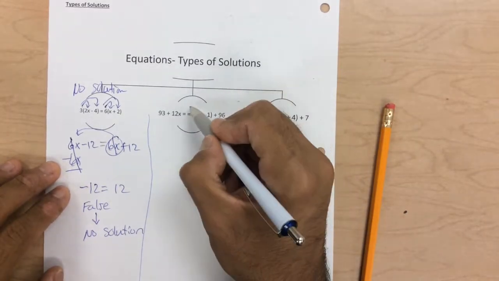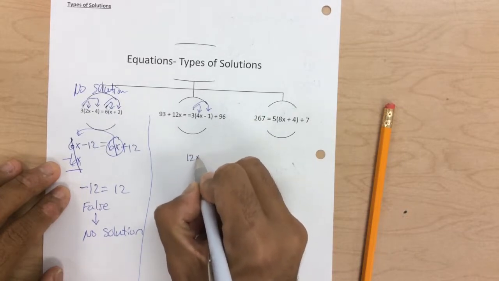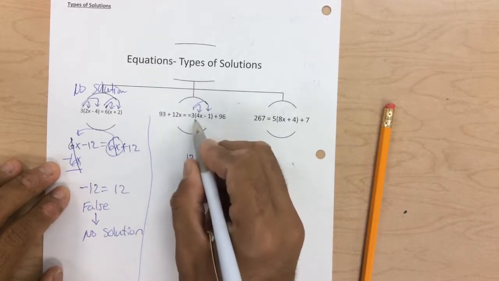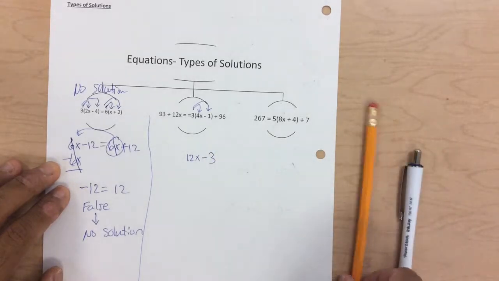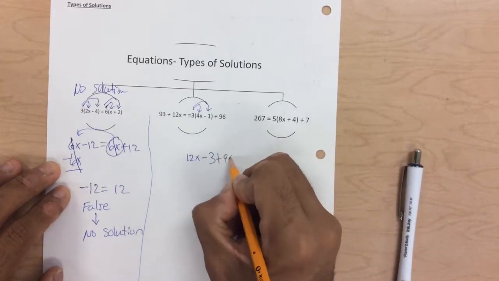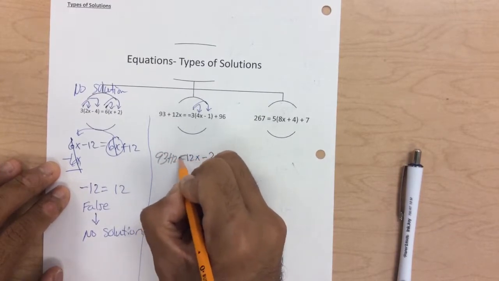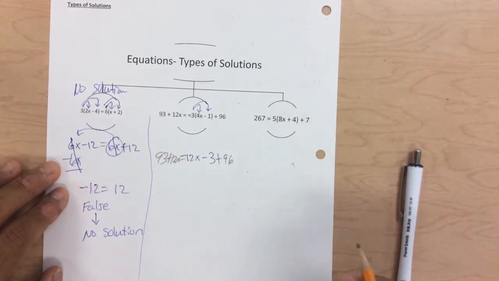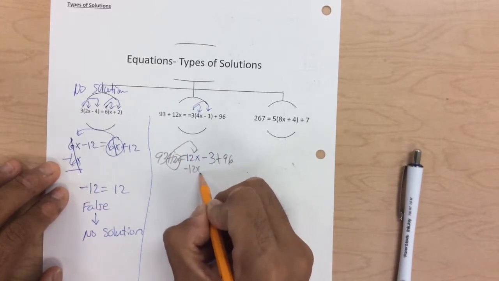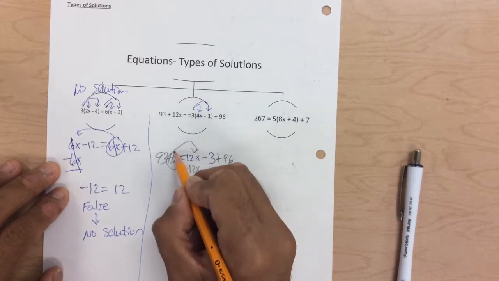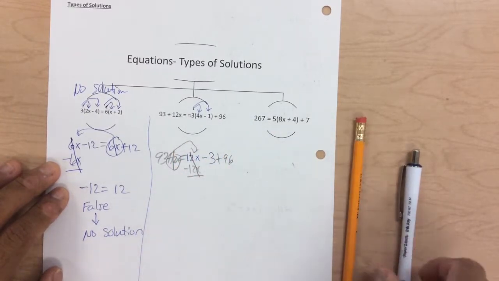First thing I want to do is get rid of the parentheses. So we have 12x, because 3 times 4x is 12x. 3 times negative 1 is negative 3. Everything else I can bring down. Now, decide which variable to move. I'm just going to move this one, and it becomes a minus 12x. And what happens is that they cancel out on both sides, so we don't have any variables.